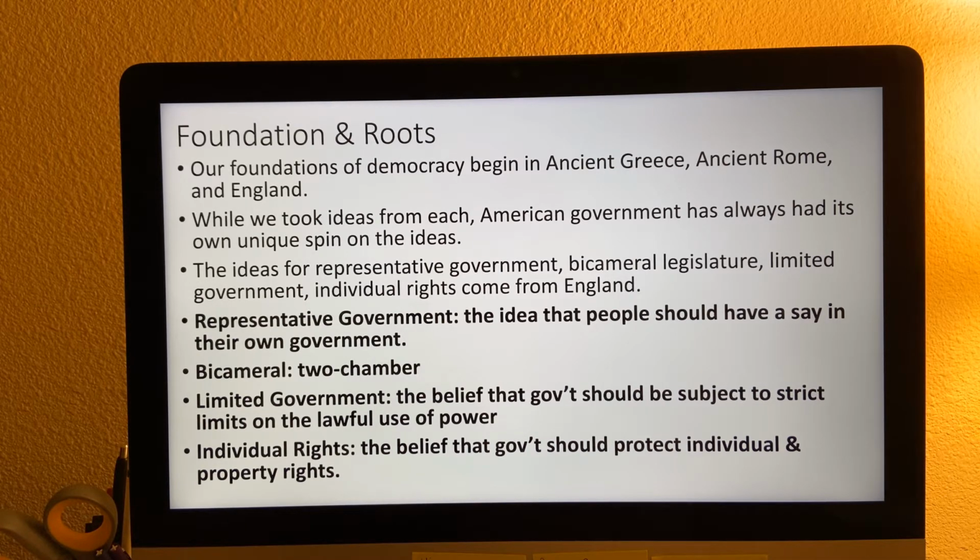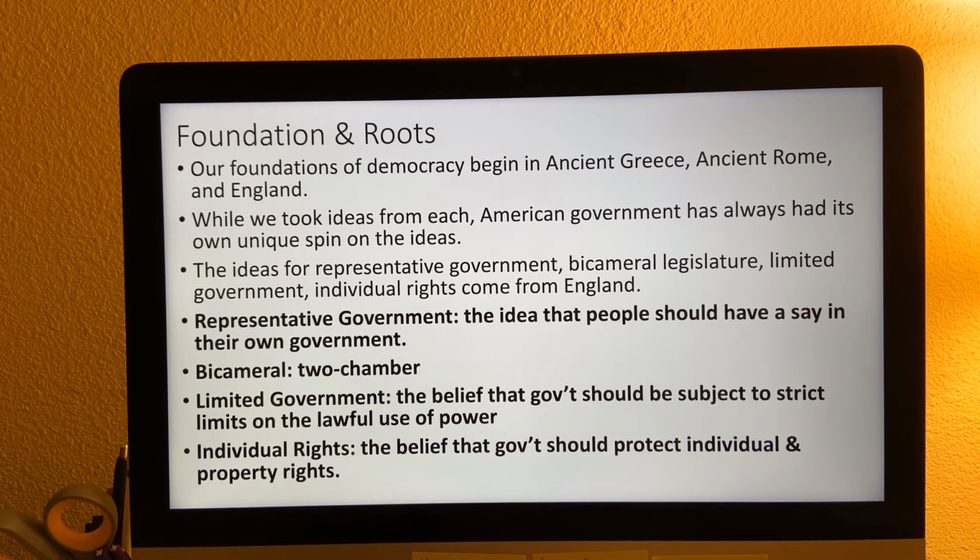We have been talking in my ninth grade classes about those things, and I really have enjoyed that. And the US government has taken ideas from each one of those, and we have put our own unique spin on things, and we have made our government into what it is today.